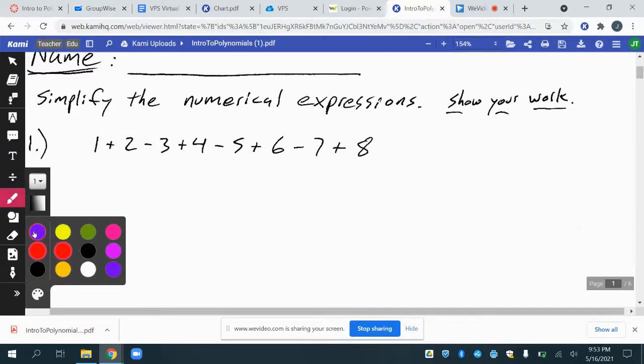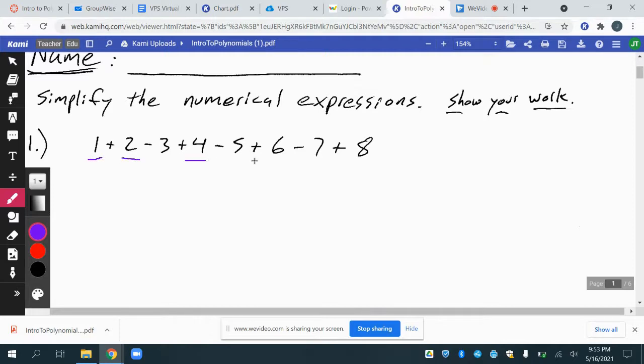So what does that look like? Well, for example, these are all my positive numbers, and these are my negative numbers. If I add my positive numbers, I get 1 plus 2 is 3 plus 4 is 7 plus 6 is 13 plus 8 is 21.